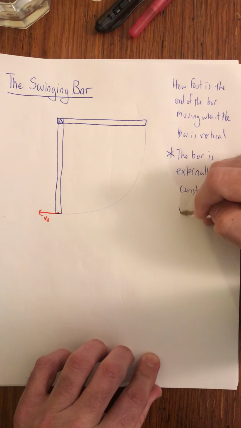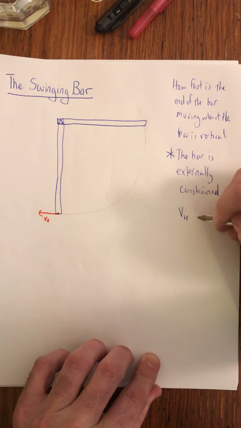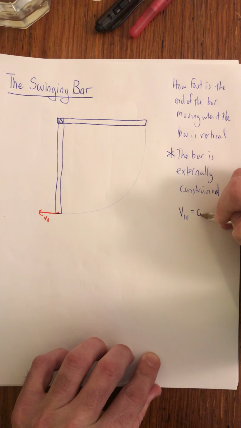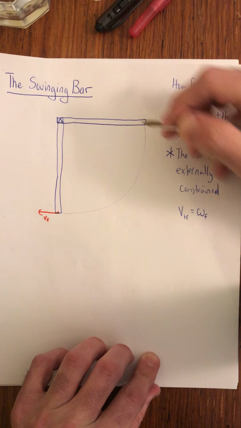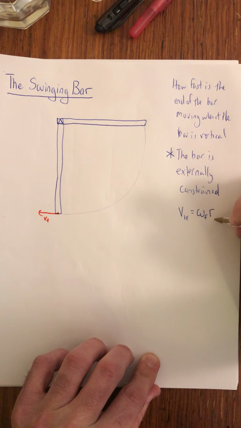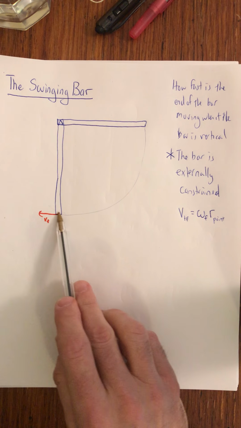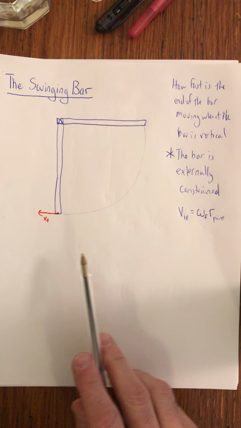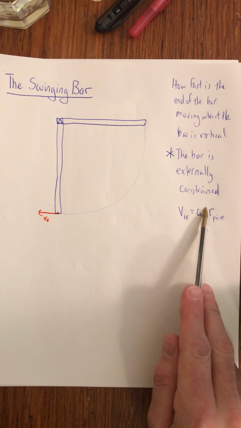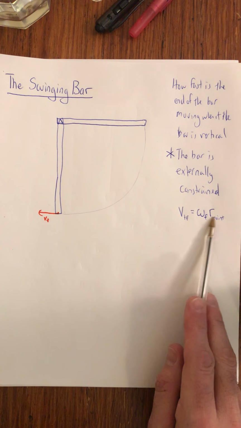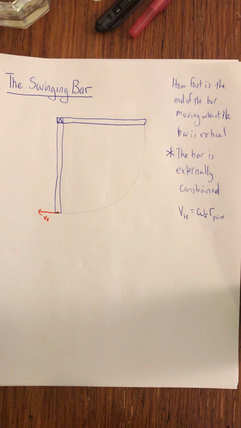For example, the final tangential velocity at that point is just going to be equal to the final omega of the bar times the r for that individual point. Why talk about what's happening specifically to one point the entire problem when I can talk about what's happening holistically to the whole thing and then know about every point that's possible?